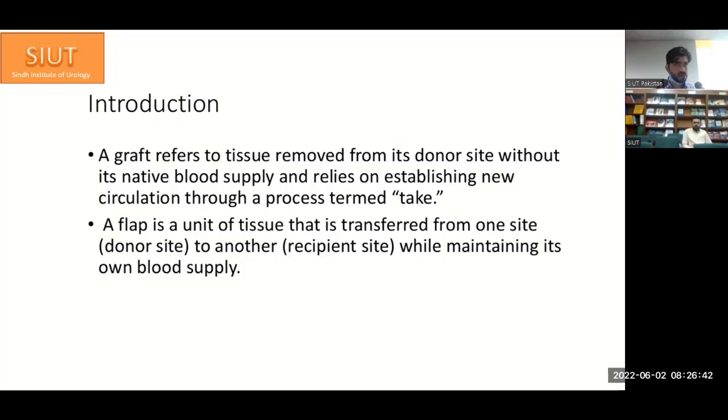Take is the process through which the graft establishes blood supply at the recipient site. The two steps are imbibition and inosculation. In the first 48 hours, imbibition occurs. Then, what do you mean by inosculation? Inosculation means that the graft at the recipient site starts to establish its blood supply; there is a formation of blood supply in the graft from the recipient site.